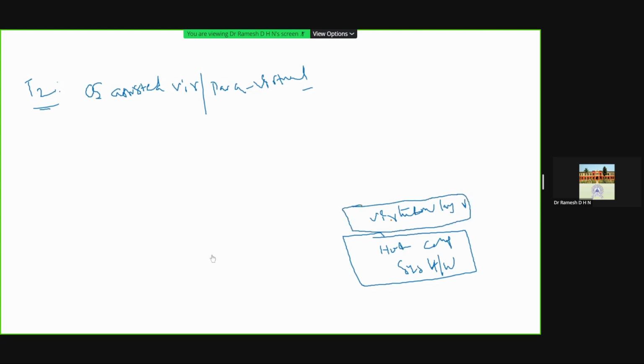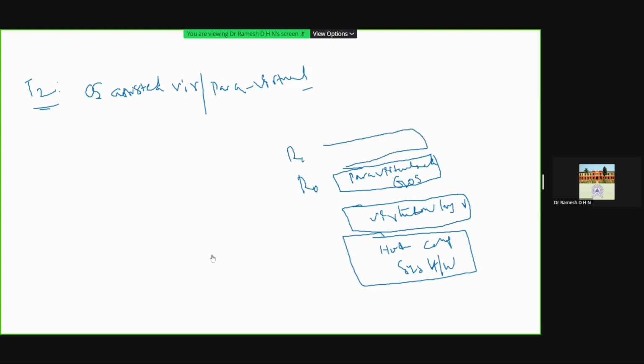Now, in ring 0, I'll make the guest operating system a para virtualized guest OS. Ring 1, I'll make it empty.